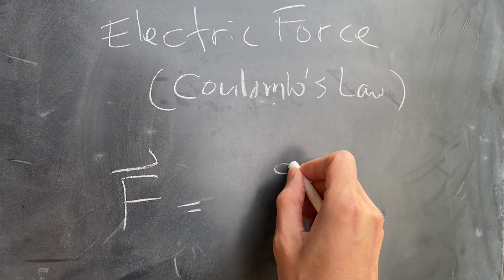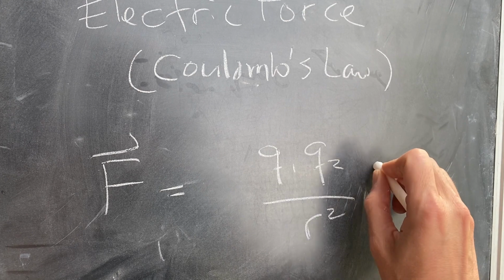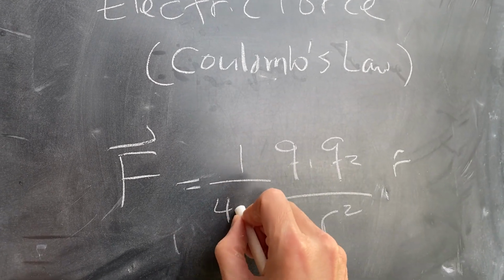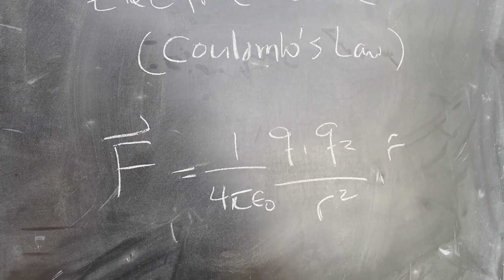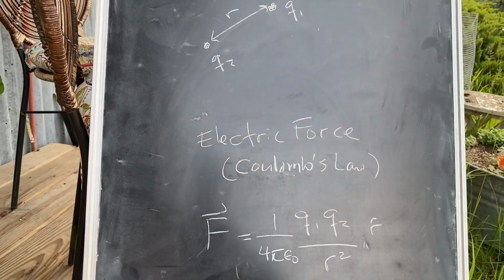Again, inversely proportional to the square of the radial distance between the two particles, and is also proportional to a constant that for historical reasons has come to be called 1 over 4 pi epsilon naught, the vacuum permittivity of free space or whatever. Regardless, it has a very similar structure to that of gravitation.